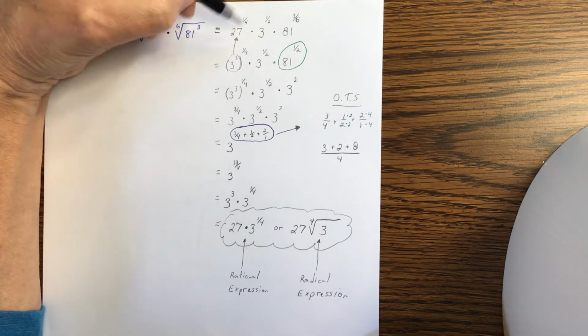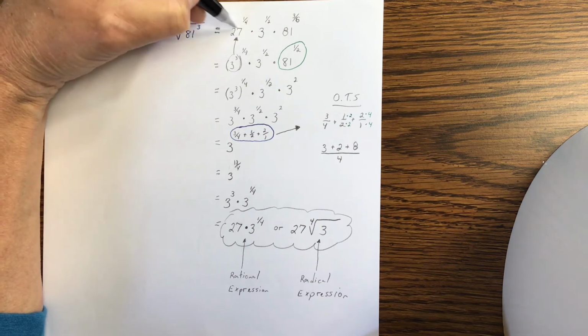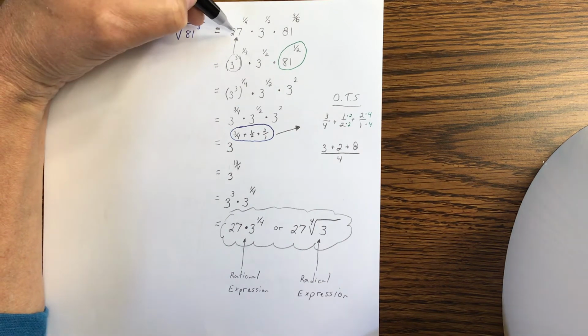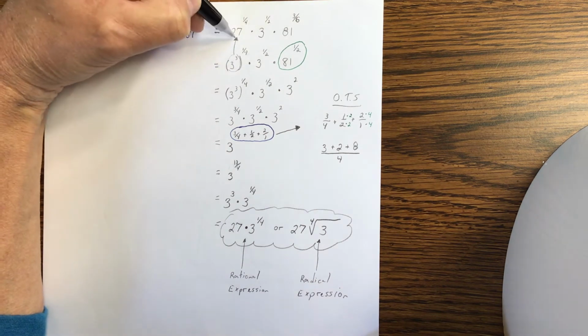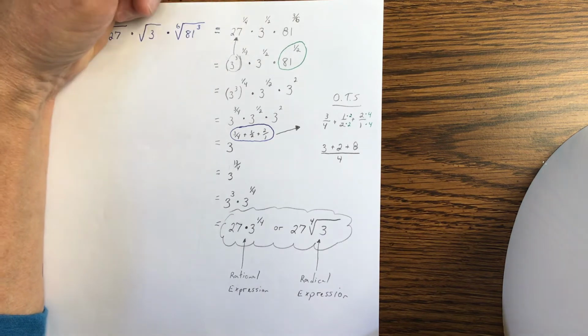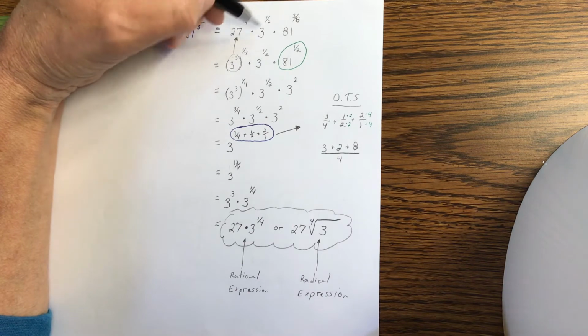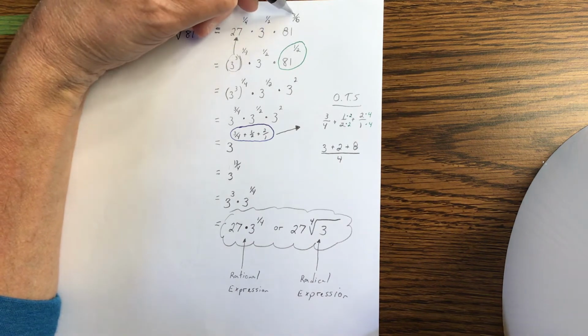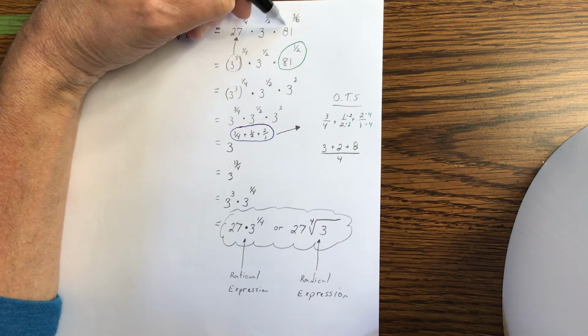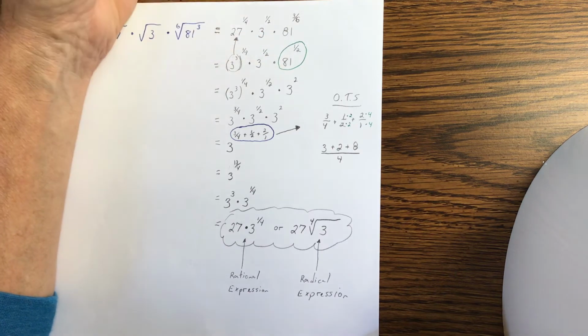First thing I noticed is I know 27 is a perfect cube. So I know that 3 to the 3rd is 27. So I just rewrote it as 3 to the 3rd to the 1/4. And then I took the 3/6 from the exponent of 81 and reduced it.